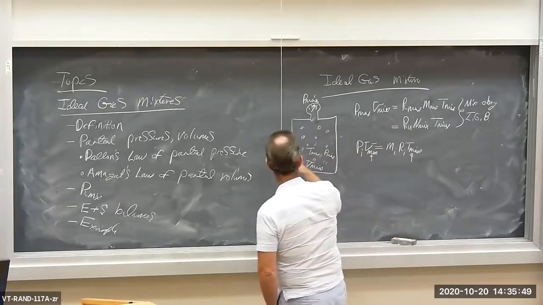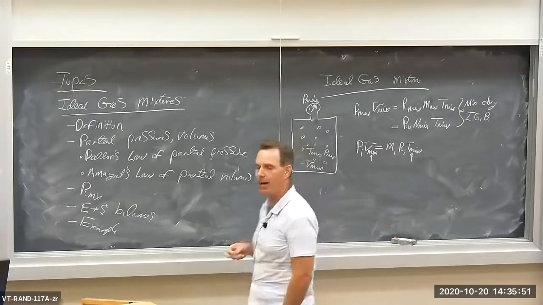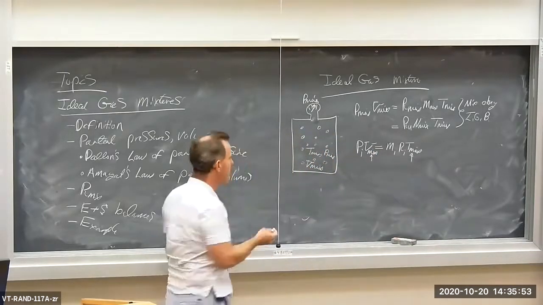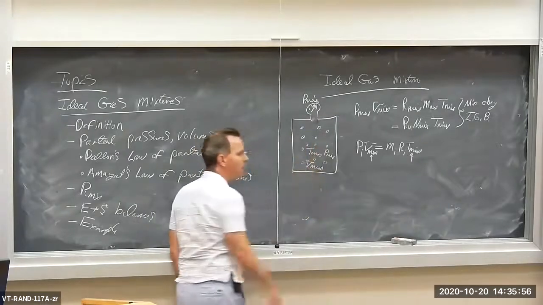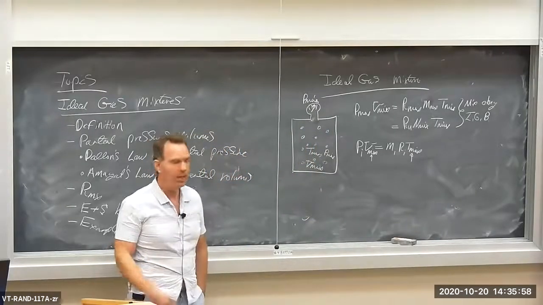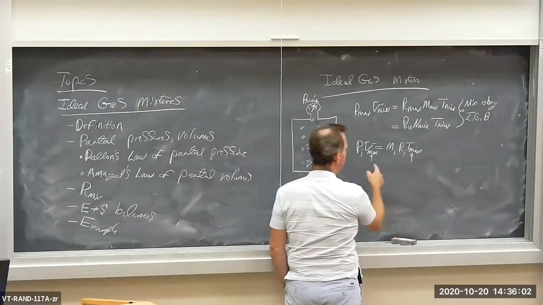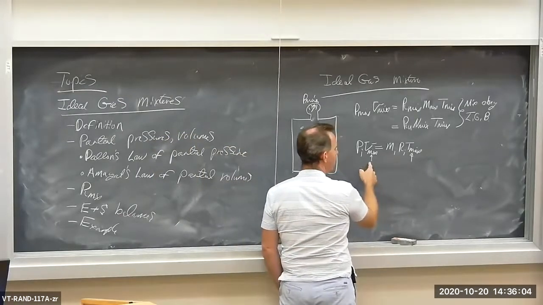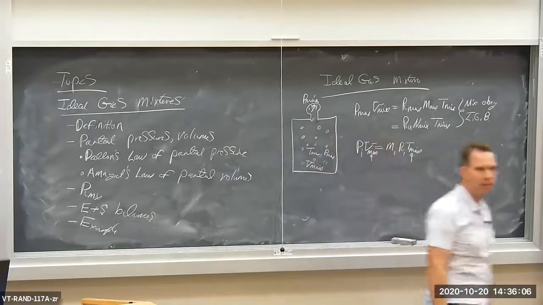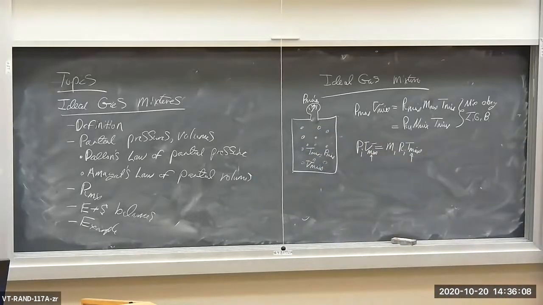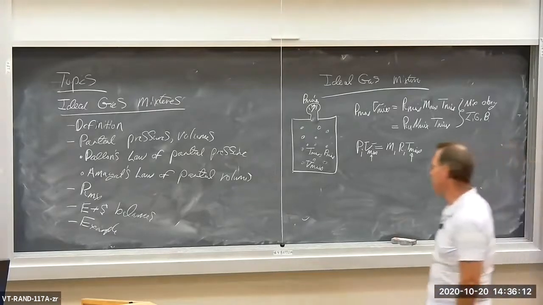Well, notice that each component has the same temperature in the container and takes up the same amount of volume. I could put V_i here, I could put T_i, but what I really mean is V mixture and T mixture because they take up the same amount. Each component takes up the same amount of space in the mixture and it all has the same temperature.